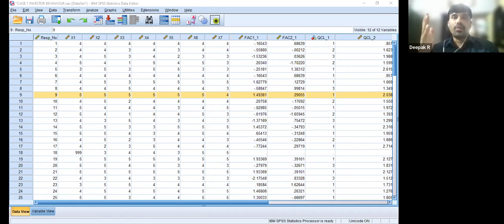You are not saying, among male, considering the risk averseness, how many have it, or across the years, whether the risk averseness has changed with respect to gender. We are not looking at it. We are looking at each question as a silo, and then we are writing the interpretation.